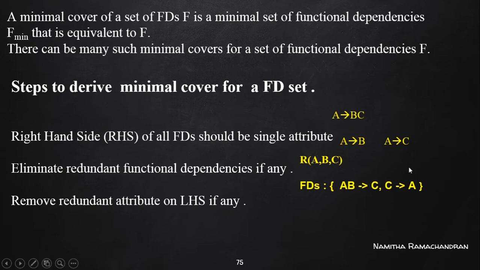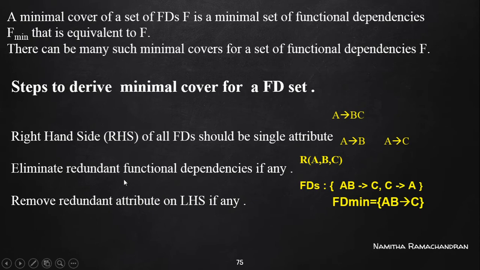We don't want this C implies A here because using this AB implies C, we can identify both AB and C. So this C implies A forms a redundant dependency here. So we can remove such redundant dependency and make a new set, that is AB implies C. So this forms the minimal set.